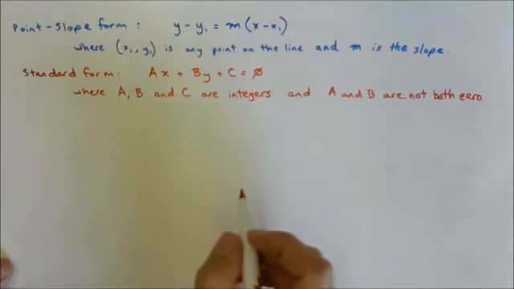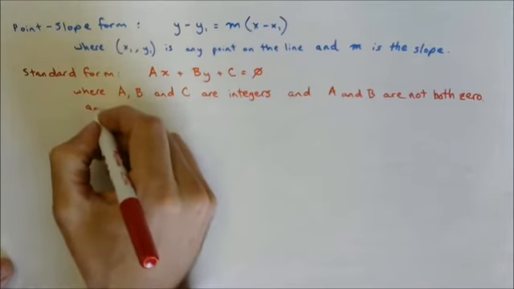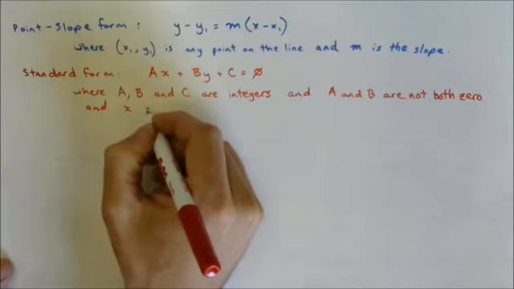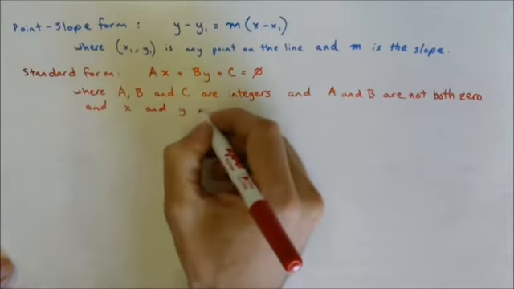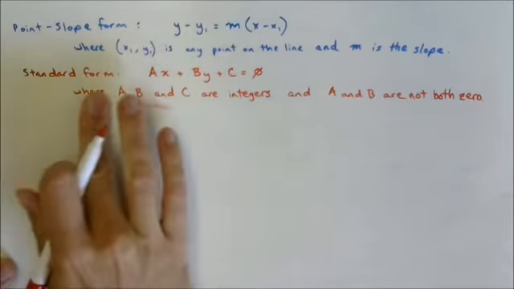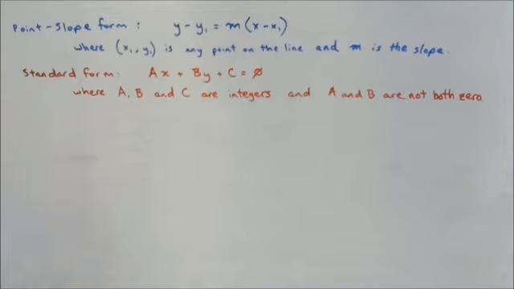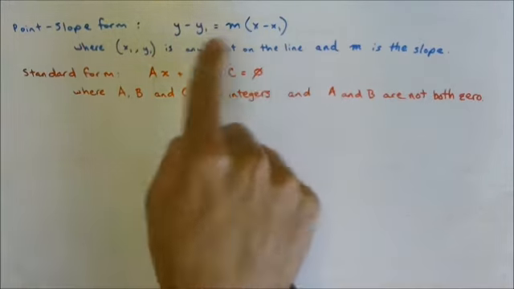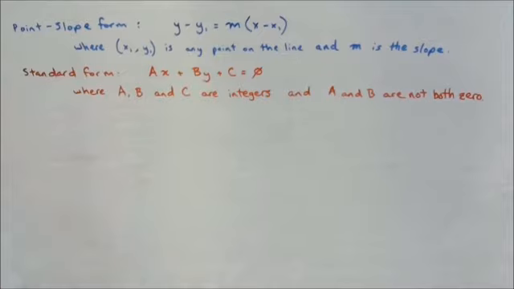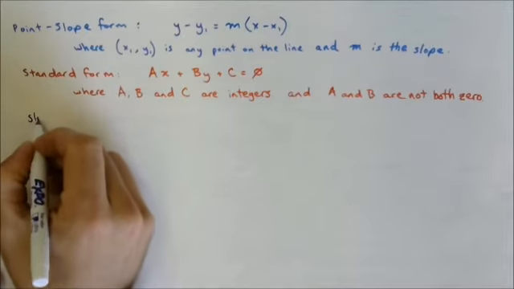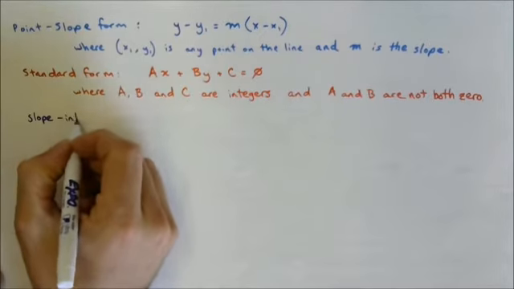Good. And x and y represent real numbers. That's fairly obvious. That's in any equation that we work with at this point. Okay. Then we also have something we've worked on already. We have slope-intercept form.